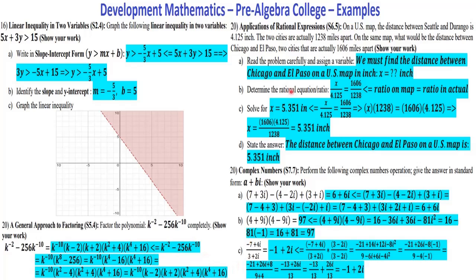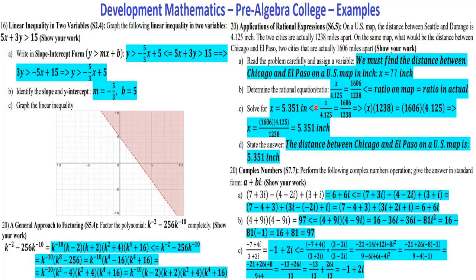Okay. Here I have an application of a rational expression. So on a US map, the distance between Seattle and another city is 4.125. Then the other two cities, the distance between them is 1,238.